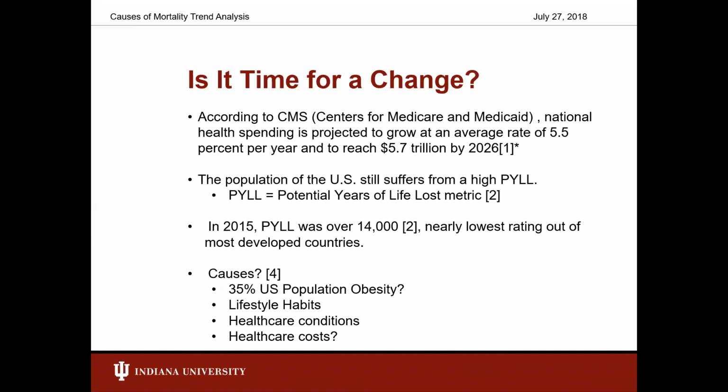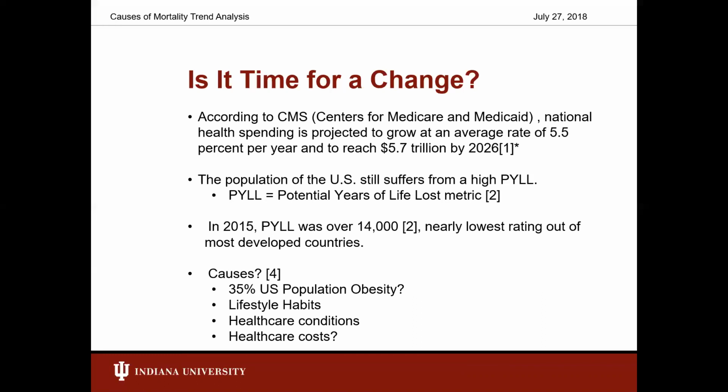Now that's pretty bad. That basically means that the number of years the average person living in the US was expected to live was cut short because of an unexpected mortality. So the higher the number for the PYLL, the more concerning it is. The US came somewhere close to number 3 from the top of that list with the highest PYLL.